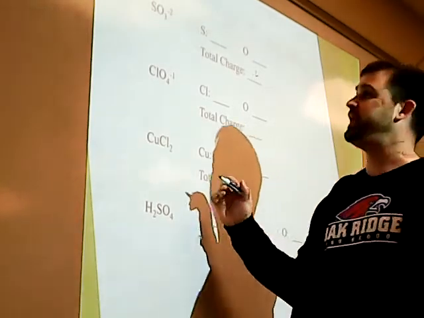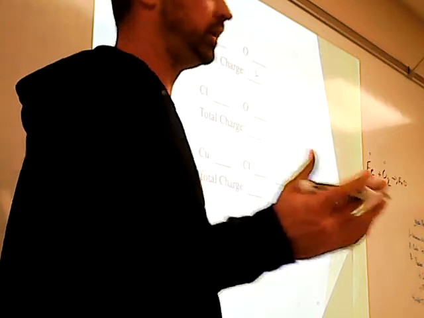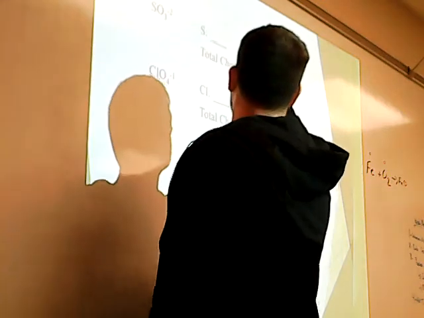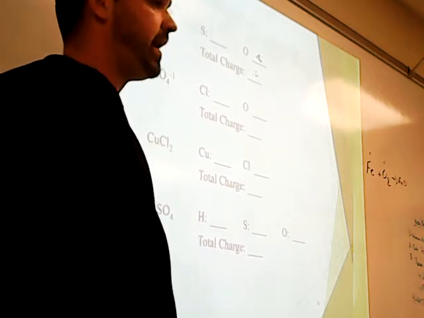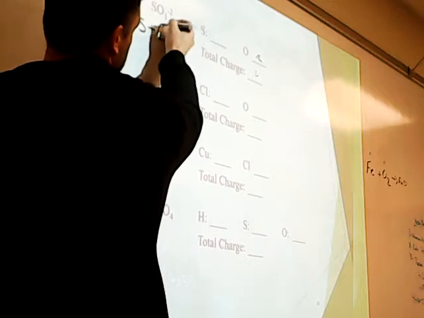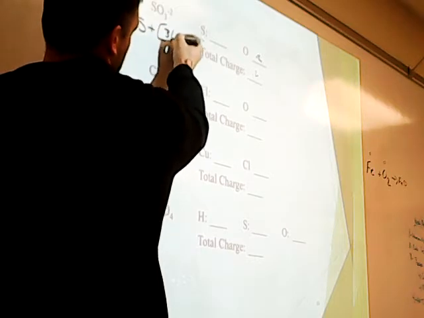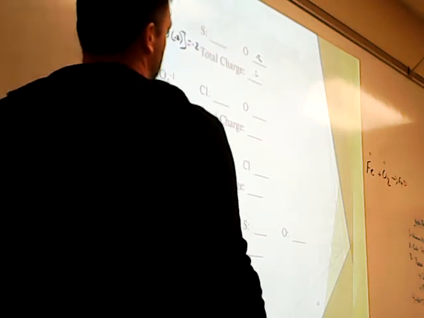Now I know what's the easy one to do first, because oxygen is always -2. So if I do a little bit of math, sulfur plus 3 oxygens with a -2 charge each needs to give me -2.